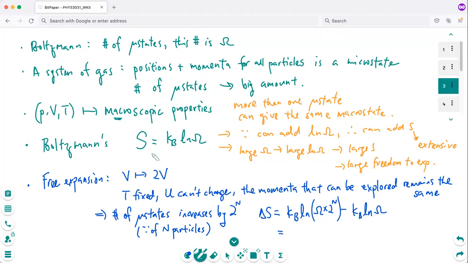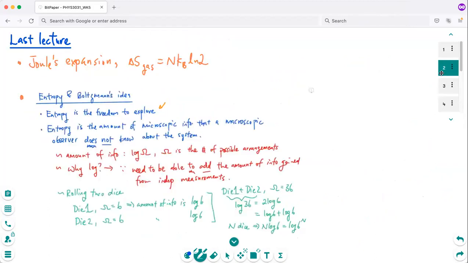But for this justification, what I know is after the expansion, the number of positions that can be explored will be increased by this factor. So this modifies this omega here. Okay, and I take the difference, and I will get exactly this result, n k_B log 2, which is what I want to justify for you.